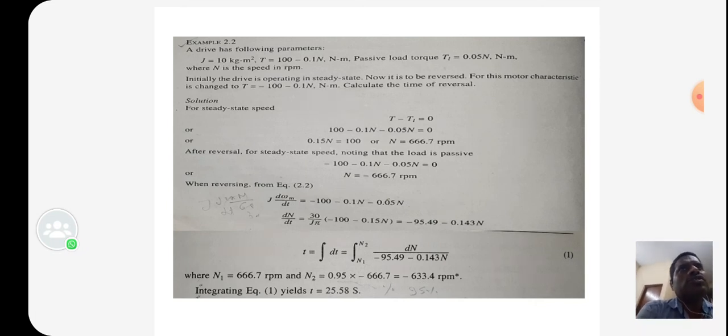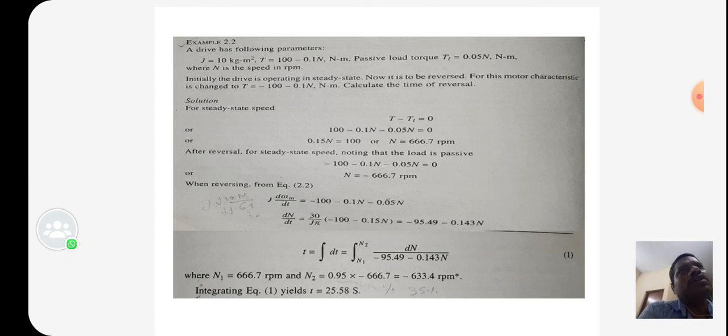Initially the drive is operating at steady state. Now it is to be reversed, for which the motor characteristic is changed to T is equal to minus 100 minus 0.1 n Newton meter. In this, calculate the time of reversal.